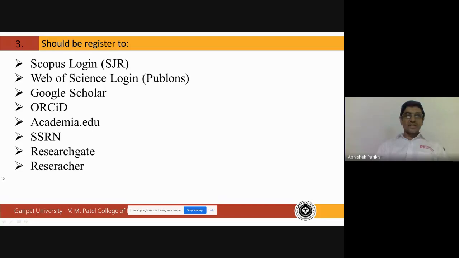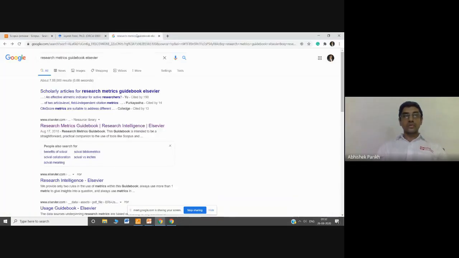Every portal is not important, but at least you need to do the first four, right? The first four are very important and used by many journals to define your author profile. The Web of Science login also you can create.